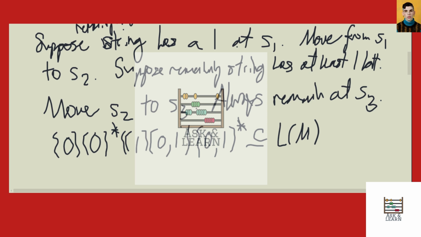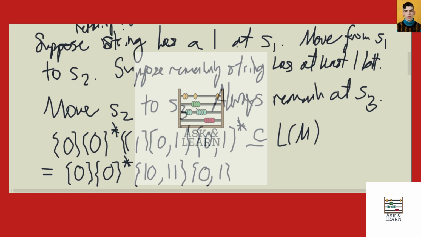And we can actually abbreviate this by performing one of the concatenations: the concatenation of the set containing 0, the Kleene closure of the set containing 0, the set containing 10 and 11, and the Kleene closure of the set containing 0 and 1 is a subset of the language.